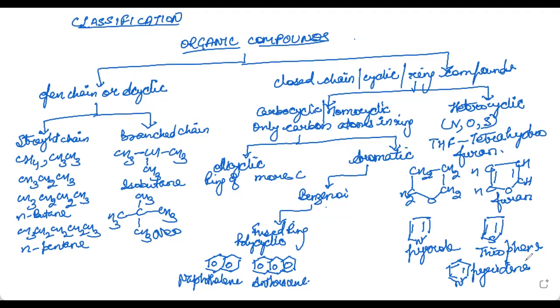So note this down. You can pause the video, watch it again, and just have hands on to the different types of organic compounds. So this is the classification of organic compounds.